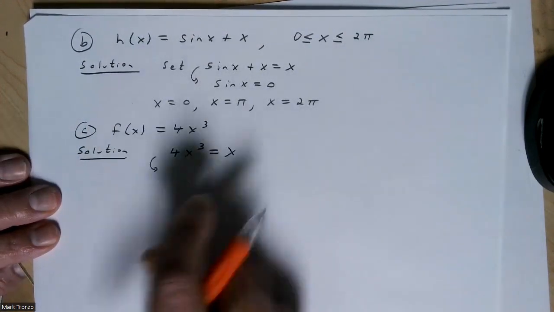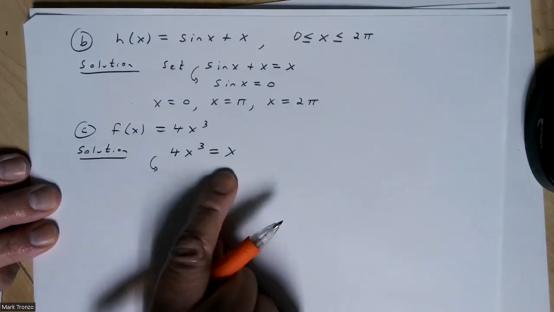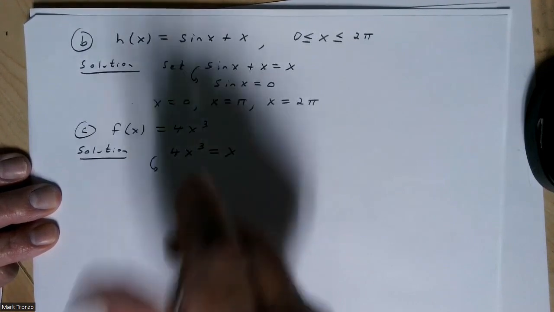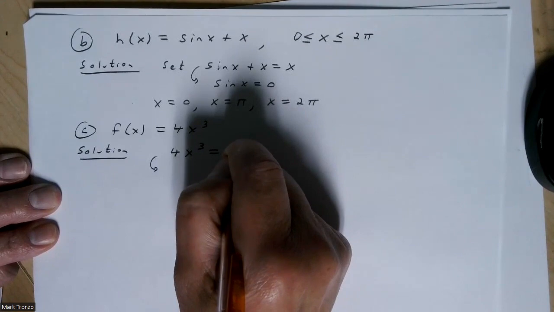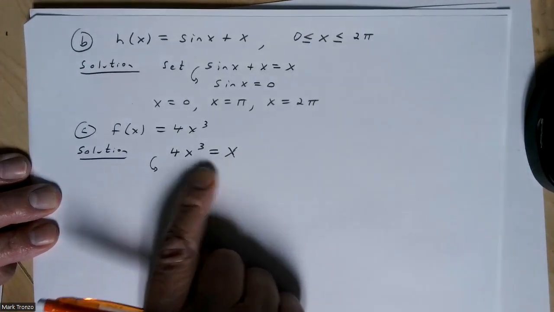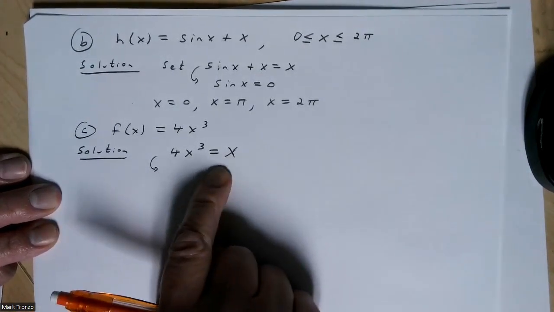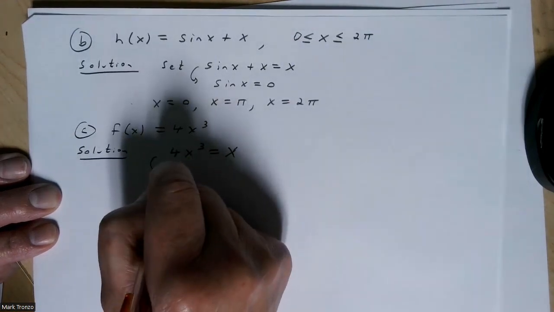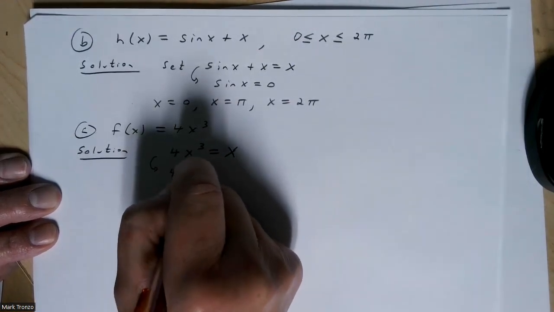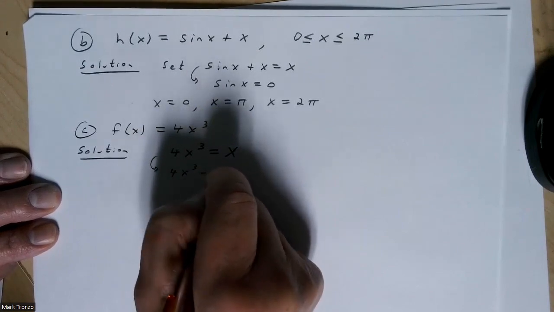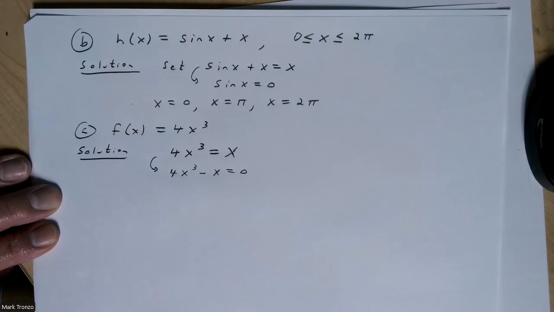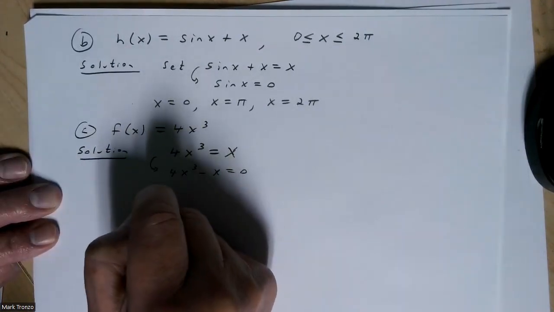Now, probably remember, we can't divide by x because we don't know that x is not going to be 0. Remember, you're only allowed to divide by x in a function if you know that it's not 0. So we're going to have to rearrange this a little bit. Make this 4x cubed minus x equals 0. But we can factor this, can't we?